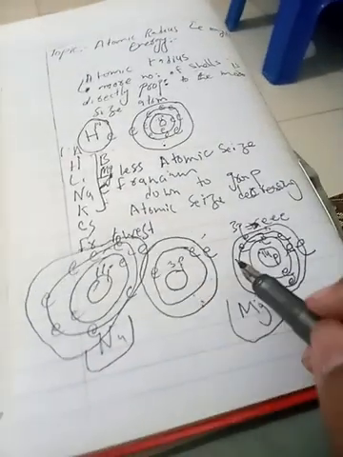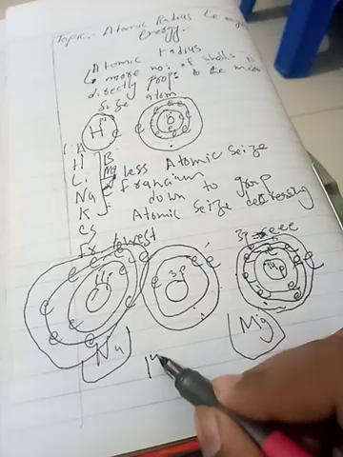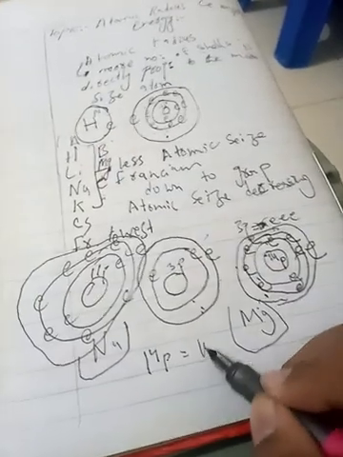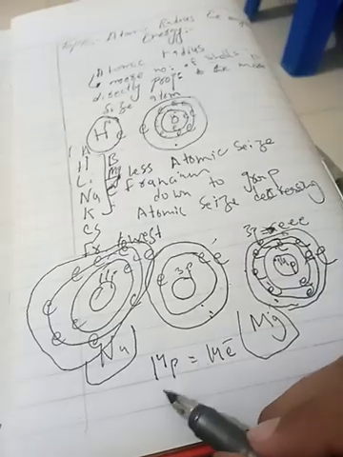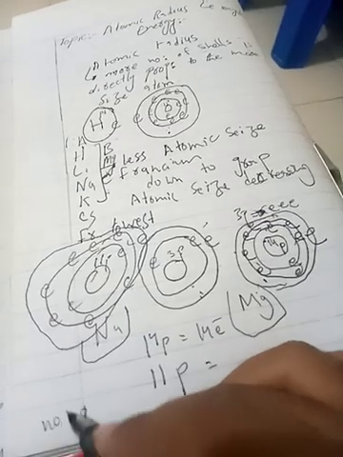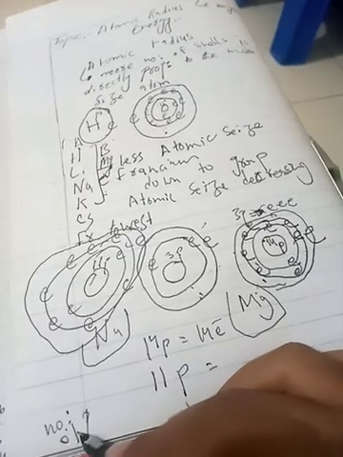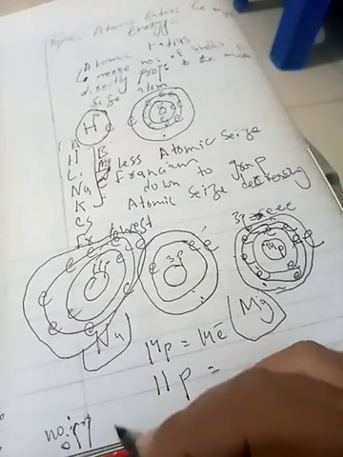So why does magnesium have a smaller atomic size than sodium? The reason is that here we have 14 protons attracting 14 electrons, and here we have 11 protons. So the number of protons is inversely proportional to atomic size.